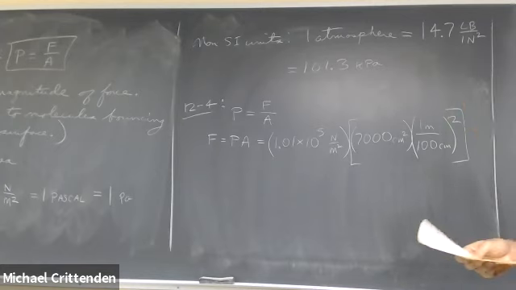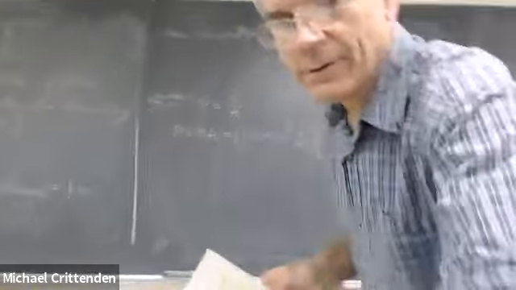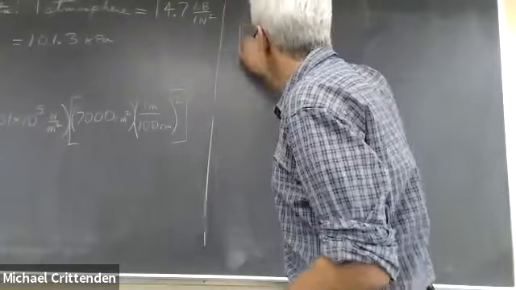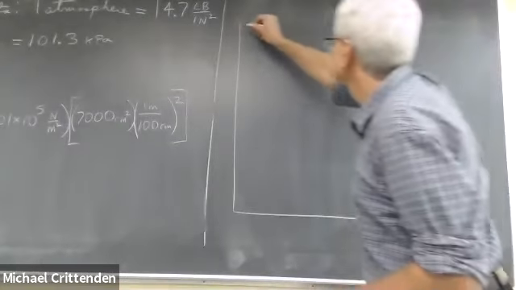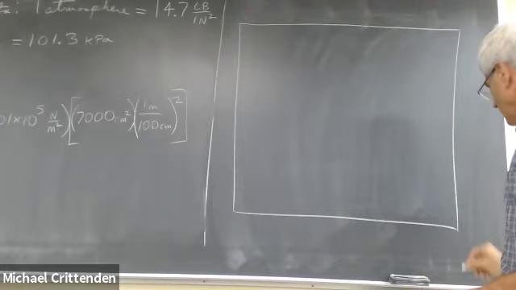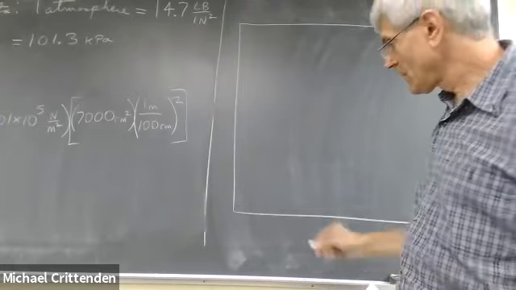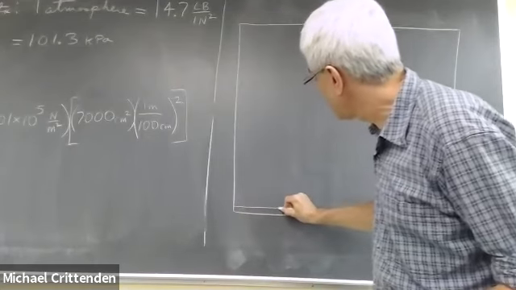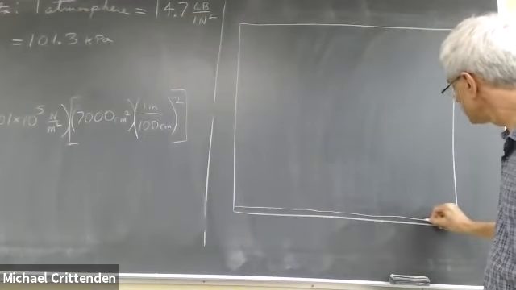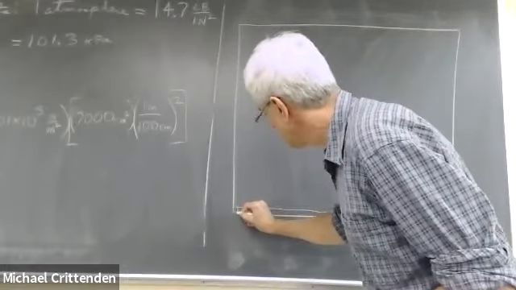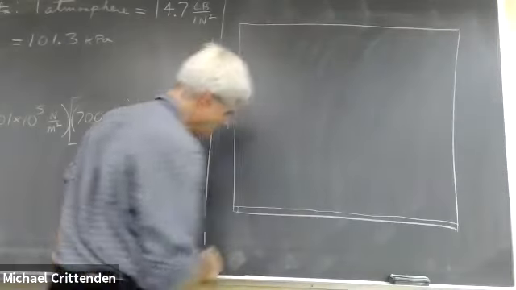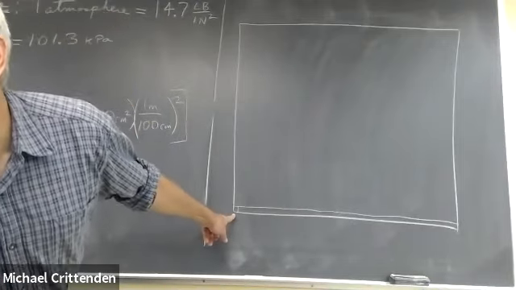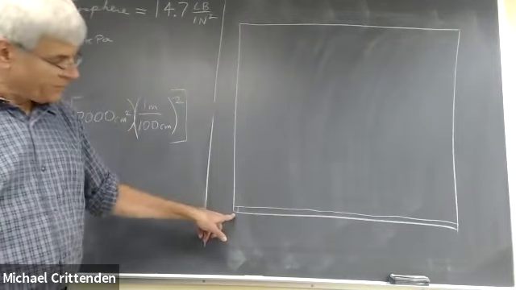If you would like to see a geometric explanation of that rather than an algebraic one, a square meter is about that big. That's about a centimeter right there, and that's a centimeter. So that little tiny square down in the corner, that's a square centimeter.